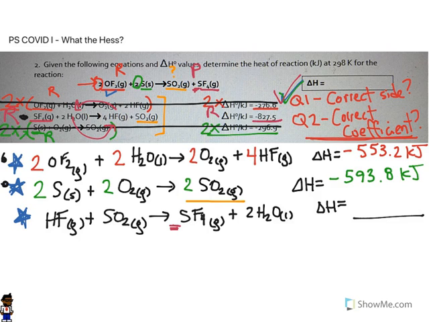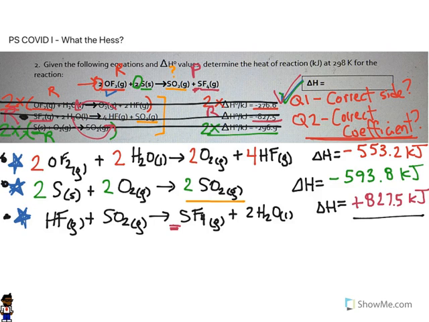So if our delta H is negative 827.5, then the delta H value when you flip it is going to be positive 827.5 kilojoules. And now we can go ahead and mark off that reaction. And these are the 3 reactions now. It turns out we needed to manipulate all 3 of them.